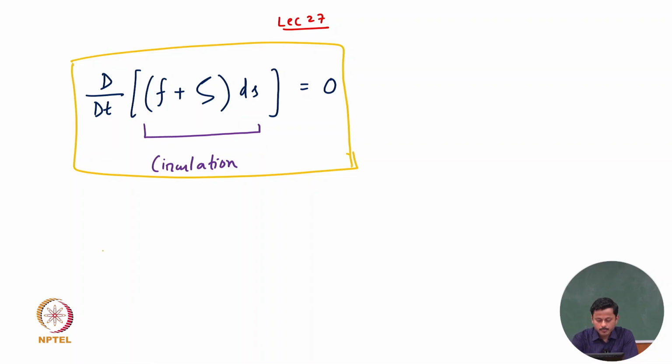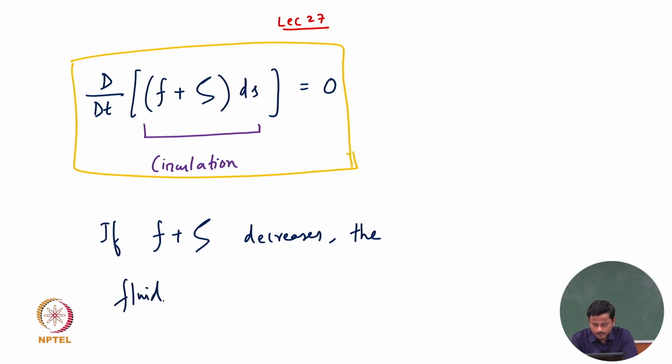And so if f plus zeta must decrease, or if f plus zeta decreases, the fluid parcel, that is the elementary parcel that we had taken in the previous lecture.